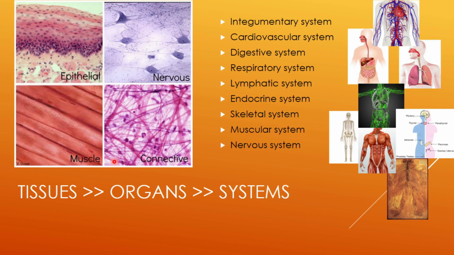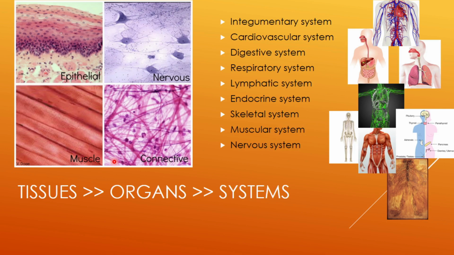So the cardiovascular system, for example, we have the heart and we have all the blood vessels. So they are all different tissues and organs that work together to form that system. The digestive system, you have everything from your teeth and your tongue, your esophagus, your stomach, all the way through your gut, etc., etc.